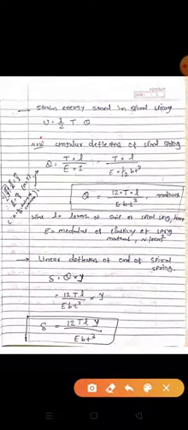Finally, we have the equation U is equal to half T into theta for the strain energy. We have the value of theta, so this theta is put in this equation.